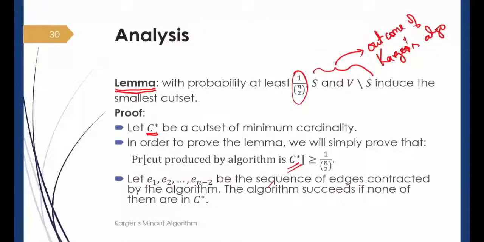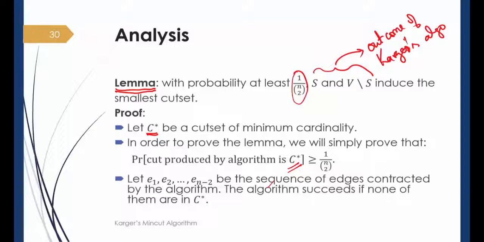Of course, if E1 through En minus 2 were not part of C star, but you were left with something other than C star, then C star cannot be the minimum cut. So, this is going to be the criterion for success of our algorithm.